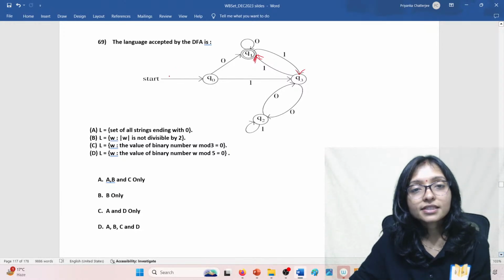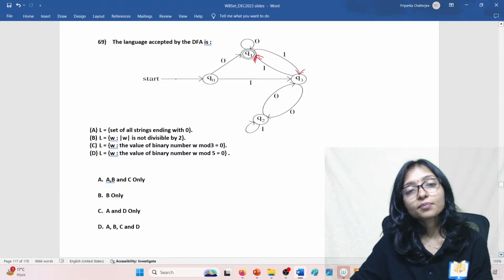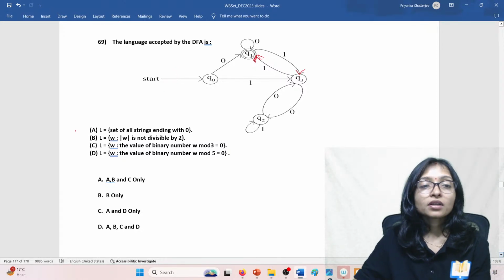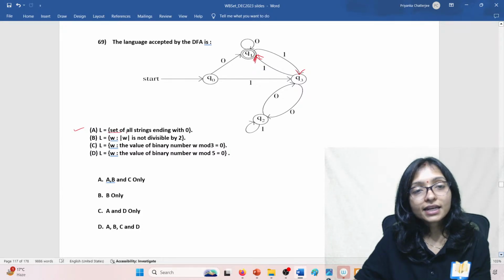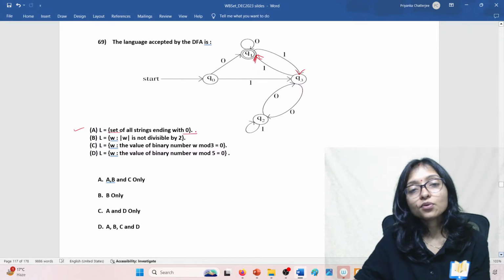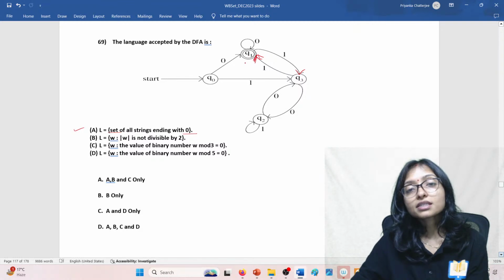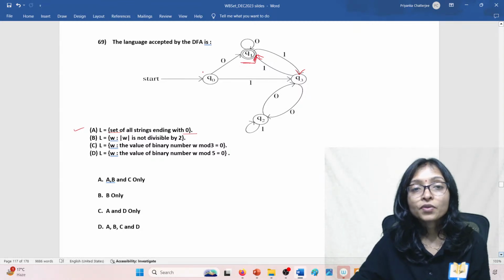So here you can see what language we are able to accept. First of all, L is given as the set of all strings ending with 0. This is my final state. Q1 is my final state, and this is the initial state.